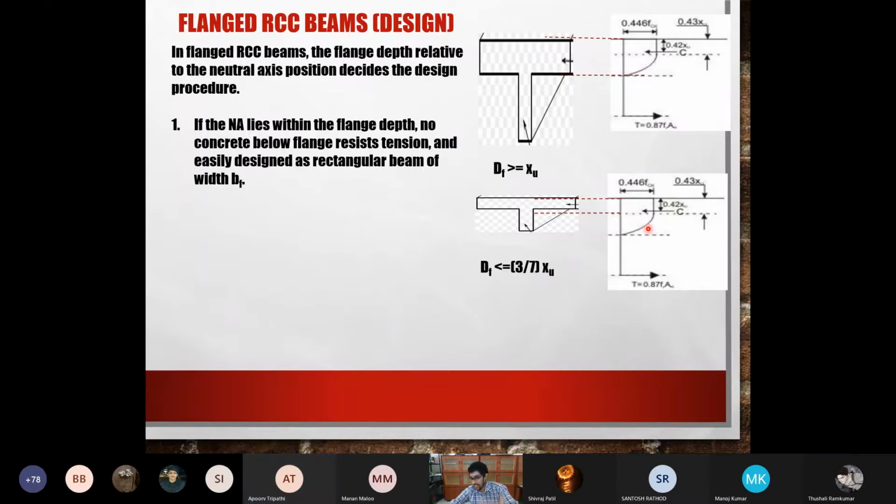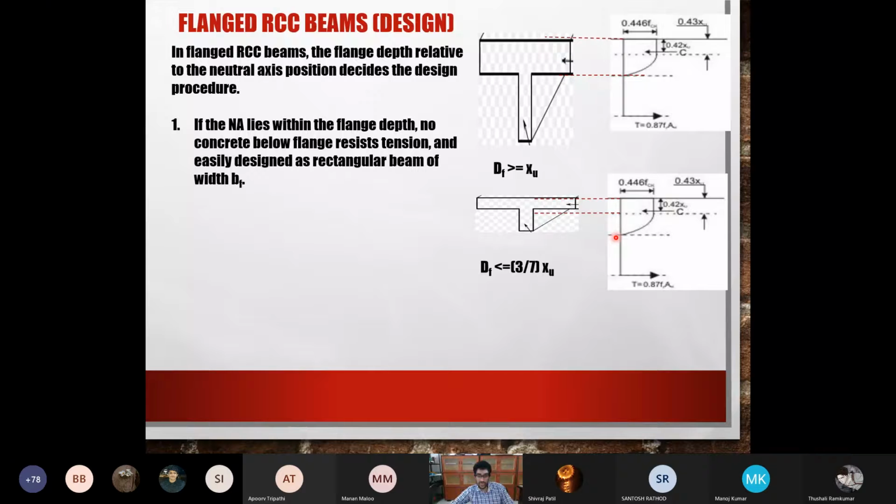And one thing that is said is actually the centroid of this whole shape, parabola plus rectangle. I mean not centroid. This is 0.42x. If you take the relative heights of this and this, it will come to 3/7.